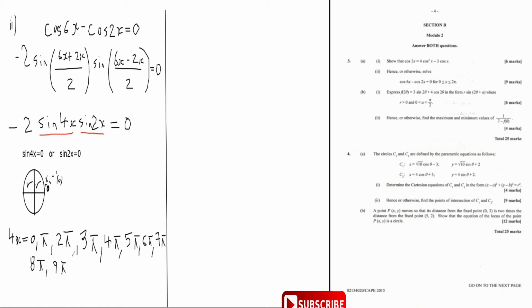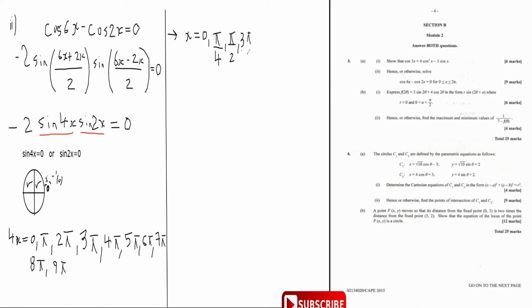Now we're going to divide through by 4. Dividing through by 4, that implies that x is equal to 0 over 4, pi over 4, 2 pi over 4, which is pi by 2. Then 3 pi over 4 is 3 pi by 4.